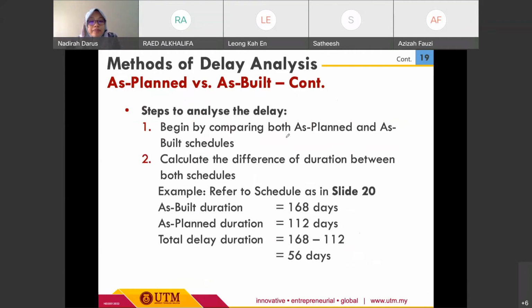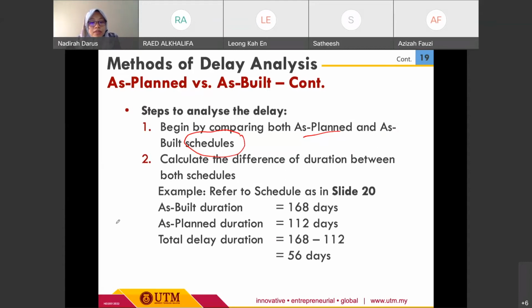Now we are going to look at the steps to analyze the delay using this method. In order to analyze the delay using the as-planned versus as-built method, we begin by comparing both the as-planned and as-built schedules. We need to calculate the difference in duration between both schedules.